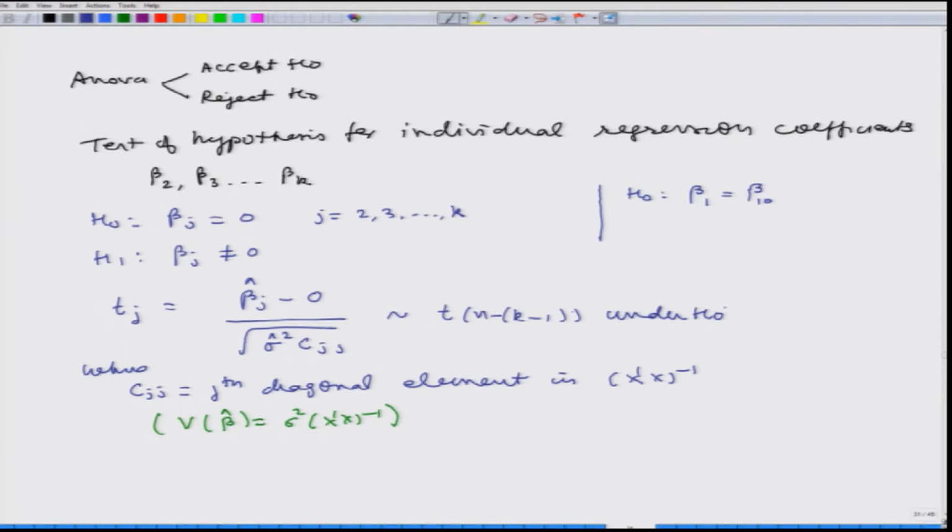You can also recall that we are estimating sigma square by SS residual divided by degrees of freedom.